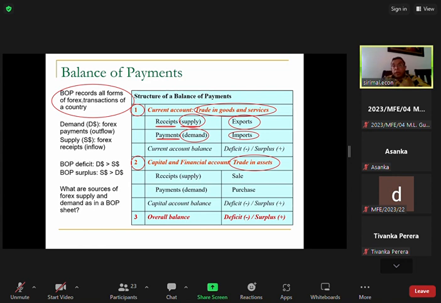So you understand now, all kinds of exports constitute supply sources, and all kinds of imports of goods and services both constitute demand. Then when we get the balance of all these things, we will have either a deficit or a surplus.